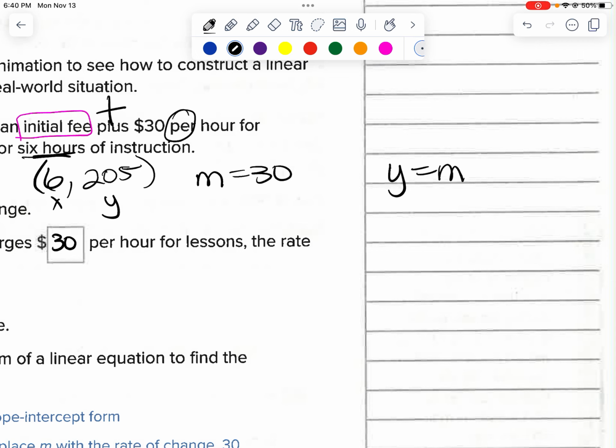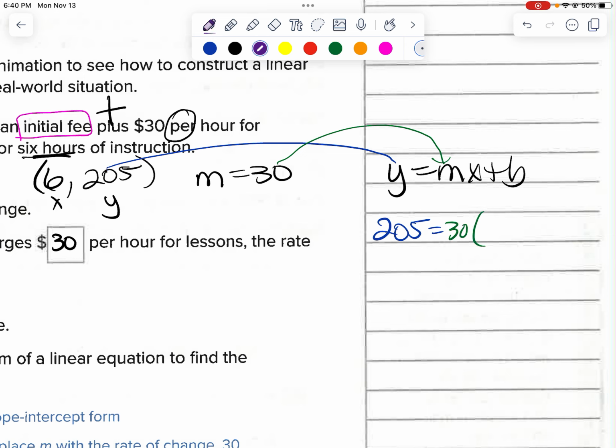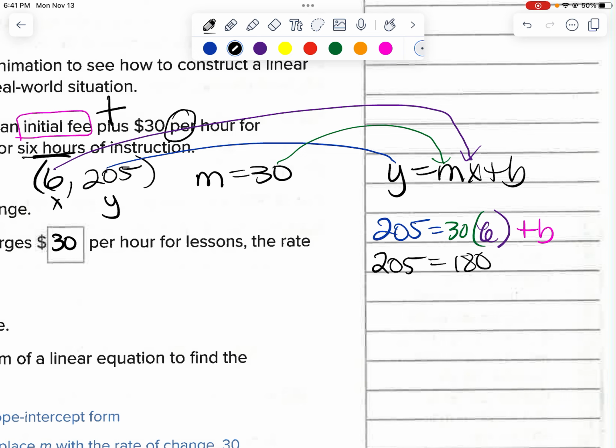y equals mx plus b. I'm going to take my y, 205, my m, which is 30, and my x, 6, and we're going to find b. When I multiply this out, I get 205 equals 180 plus b.